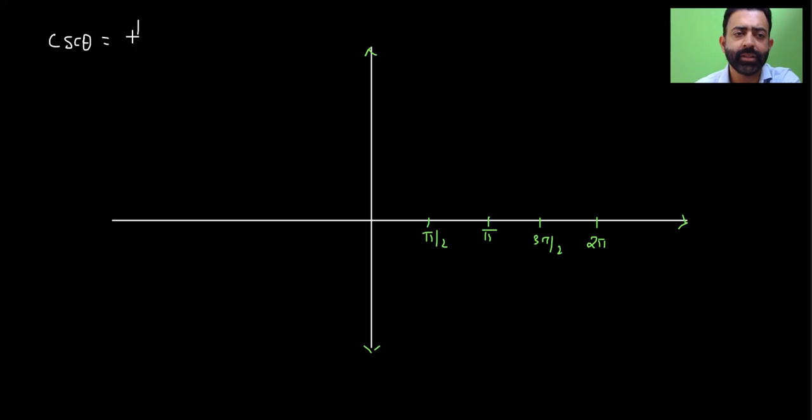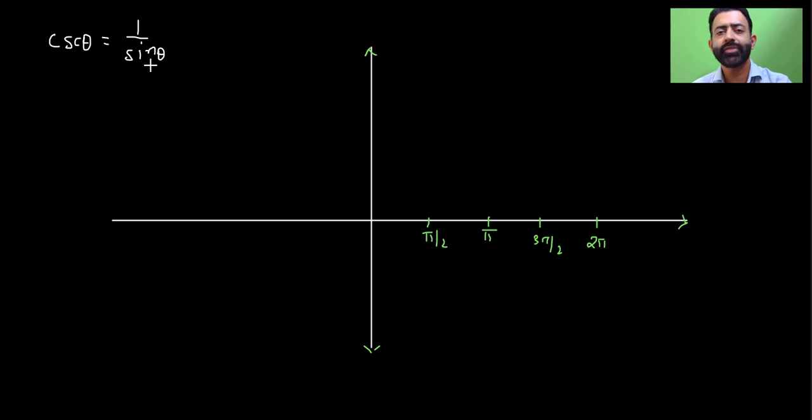CSC, is nothing but the reciprocal of sine theta. So first we will see the allowed values of theta, meaning for what values of theta this cosec is defined, or in other words we will look at the points where cosec theta is not defined. This cosec theta will not be defined wherever sine theta is 0, right?